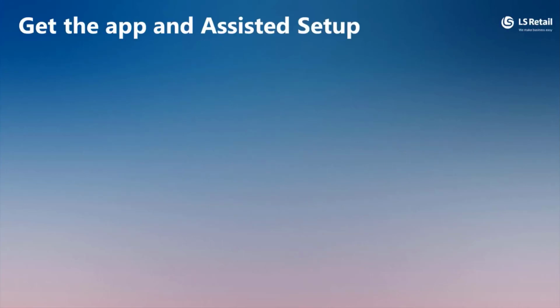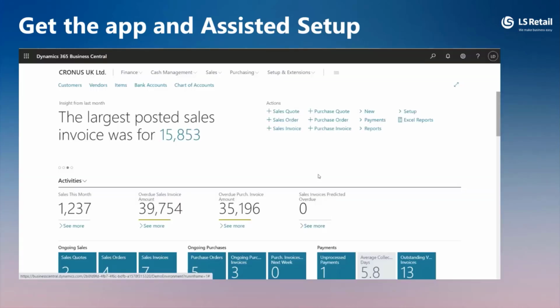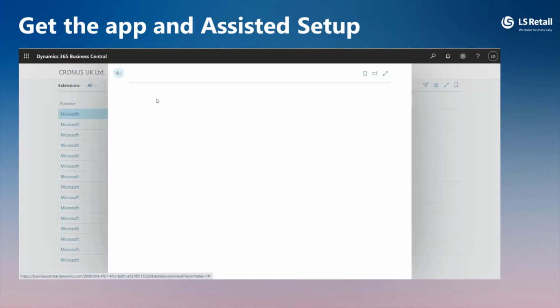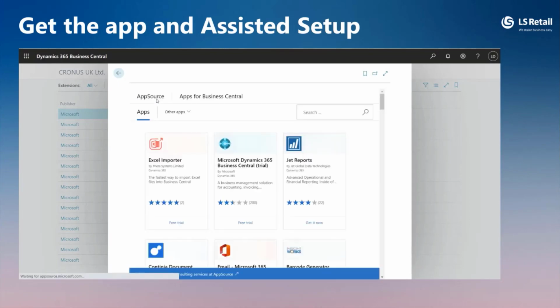Before we dive into the features and functionalities of LS Express, let me show you how easy it is to install the app. Make sure you're signed into your Business Central tenant, then go to Setup and Extensions, then Extensions, Manage, and Extension Marketplace.